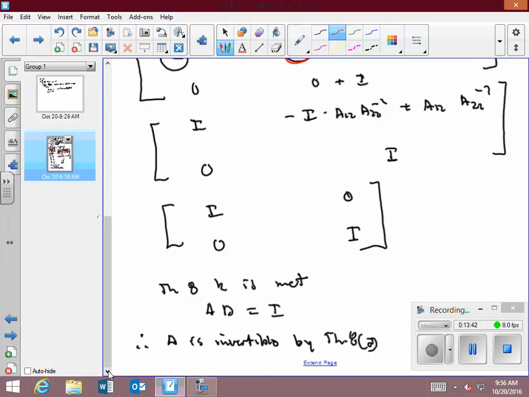Okay, 16 says, suppose the block matrix A on the left side of 7, so that's up there in 15, is invertible, and A11 is invertible. So we're given those things. The block matrix A is invertible, A11 is invertible.